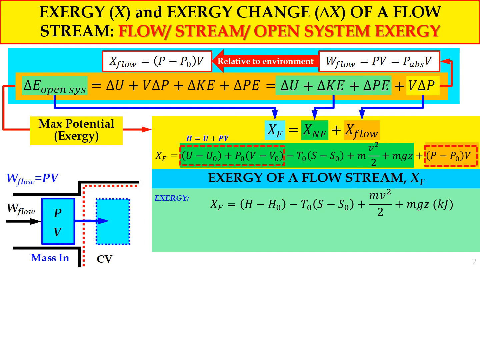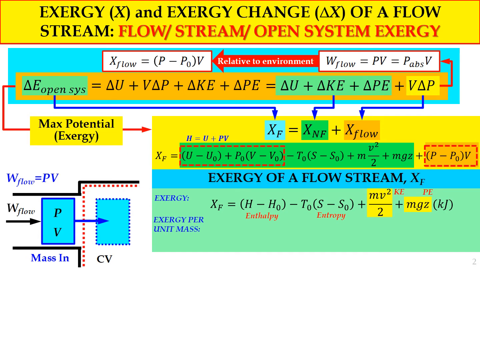Exergy for the open system, XF, equals H minus H naught, the enthalpy difference based on the environment condition, minus T naught multiplied by the entropy difference based on the environment condition, plus the term for kinetic energy and also the term for potential energy. The unit will be kilojoule. So we have kinetic energy terms, potential energy terms, enthalpy difference terms, and entropy difference terms for the exergy equation for the open system.